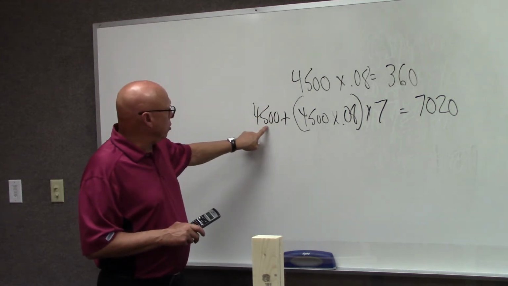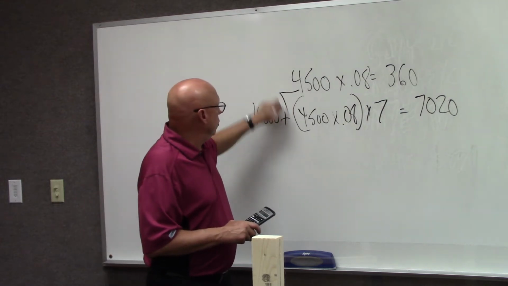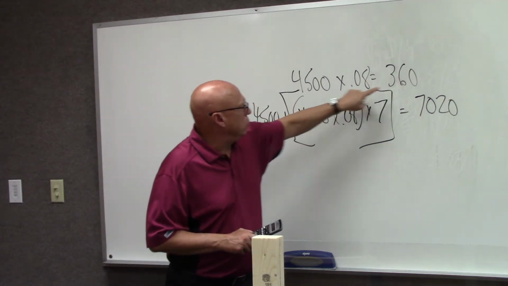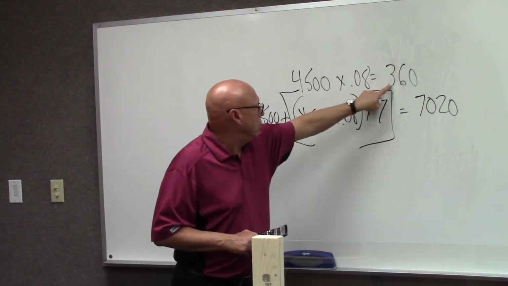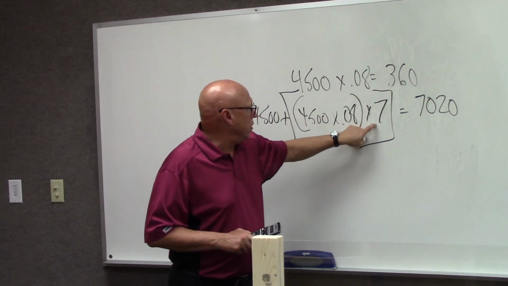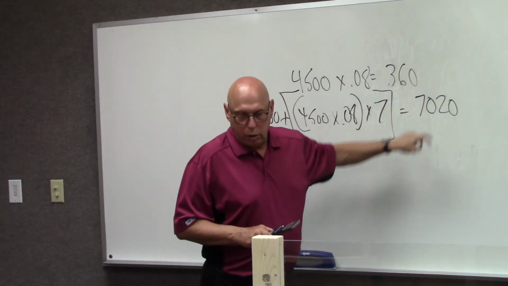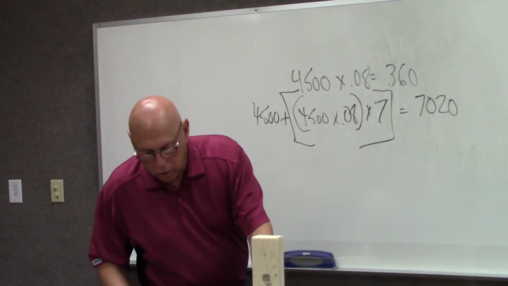Your beginning balance times your interest, which is 4,500 times 0.08, which is 360. So 360 times 7 plus your beginning balance equals your ending balance. All right.